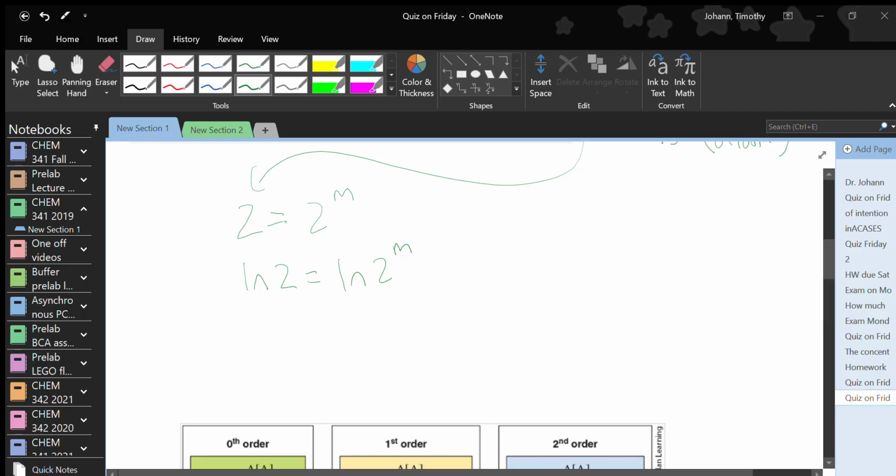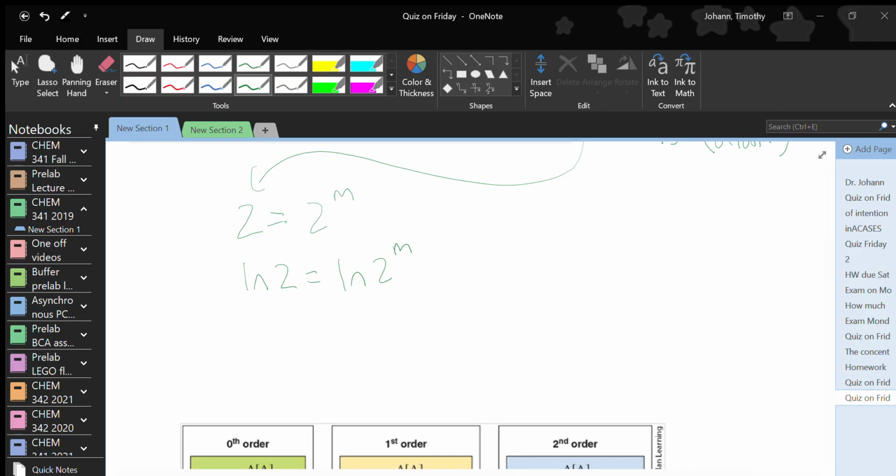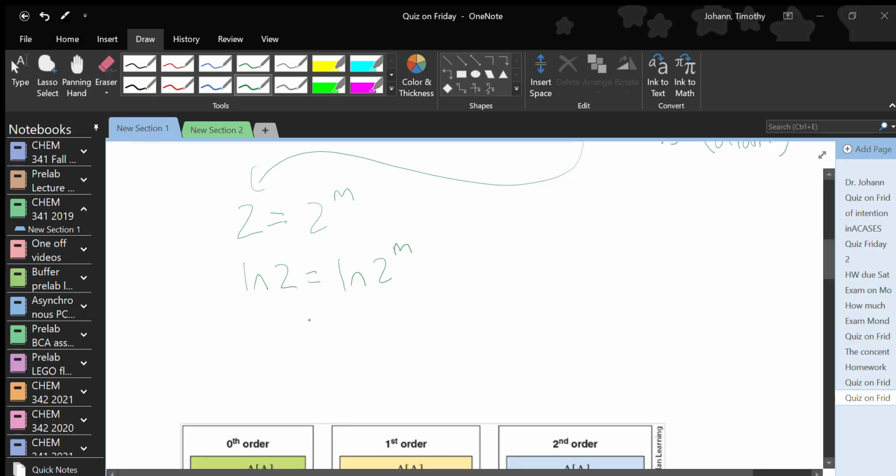Okay, and what's my log property for exponents? If I have the logarithm of something to an exponent, what can I do to that exponent? I can pull it out front, right? An interesting thing is when you take a log of things that were multiplied, you can add them, and when you take a log of things that are up to an exponent, you multiply them. And so that becomes m times the logarithm of 2, right?